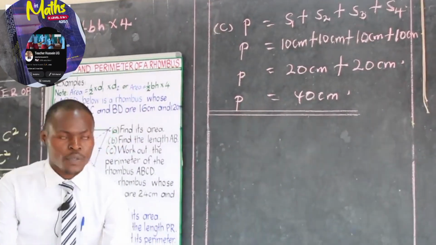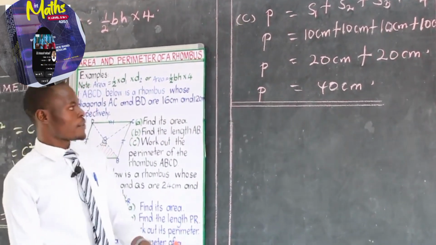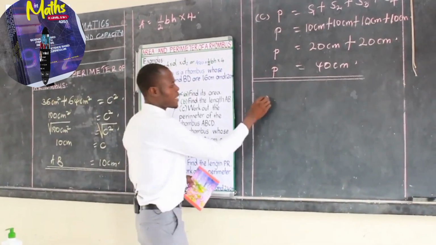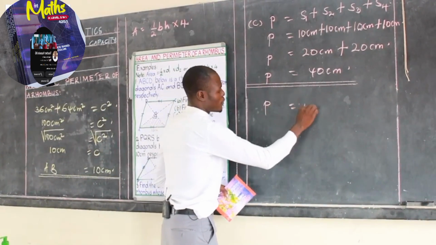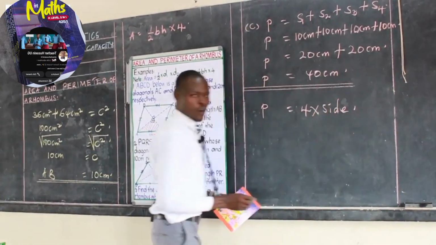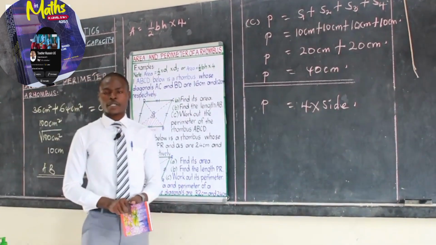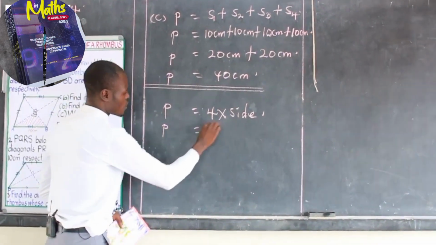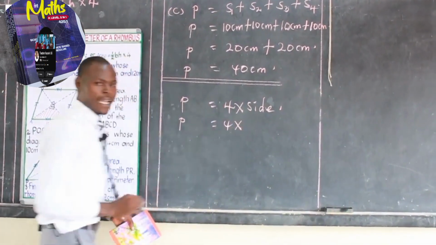There are some candidates who wish to say, teacher, but you've said that this polygon has all 4 sides equal. What if I say perimeter is equal to 4 sides times 1, because all the sides are equal? Class, I want to say you are 100% correct. You can say perimeter is equal to the 4 sides times the length of each side.